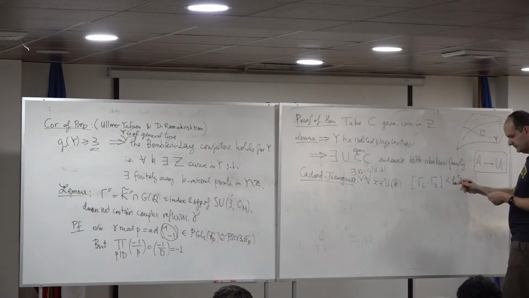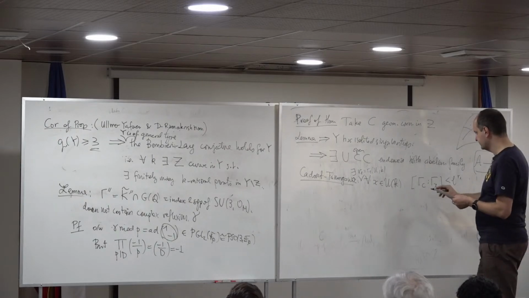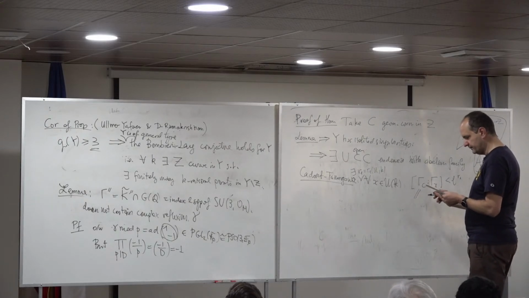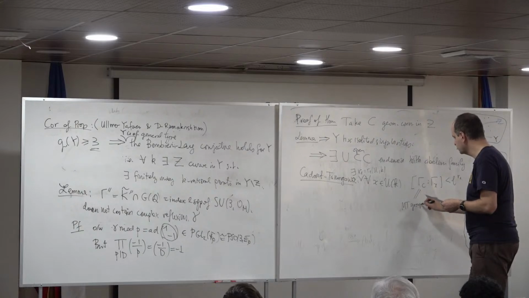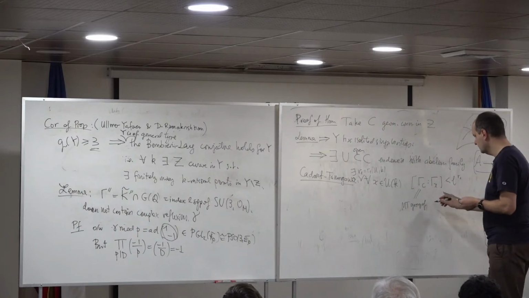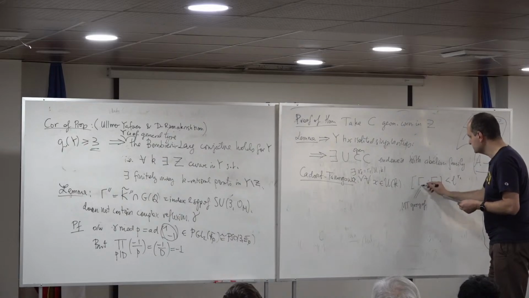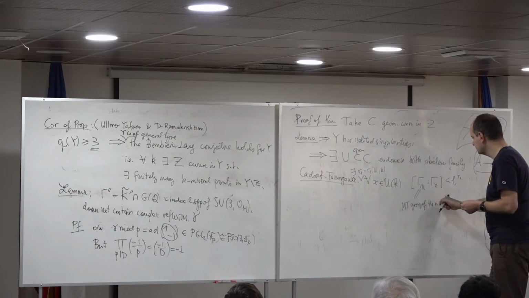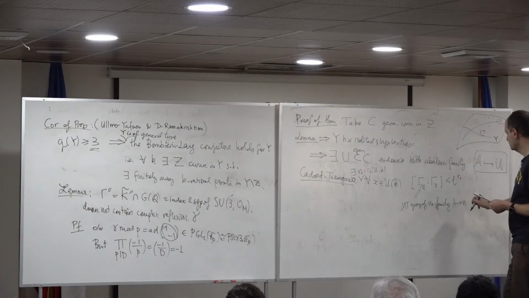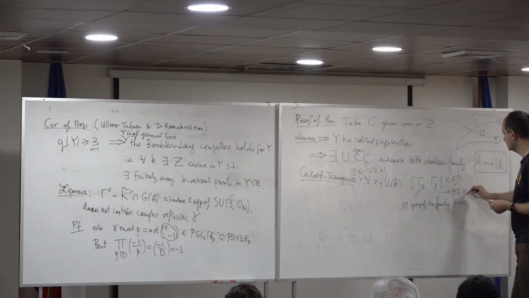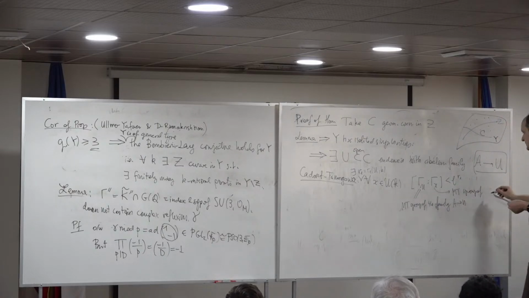So what is this? Gamma C is basically the Mumford-Tate group of the family A over U, and this is the Mumford-Tate group of just the abelian variety A_x, which is the fiber.